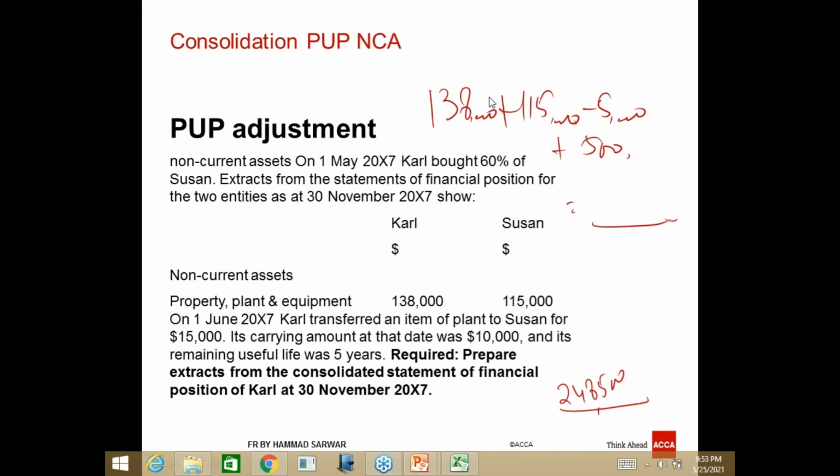Prepare the extract means that you need to show the workings and calculate the amount that will be reported on the consolidated balance sheet. This 5 is the useful life of the asset.